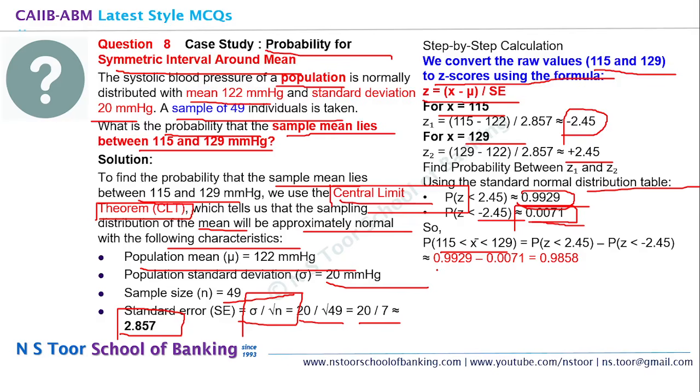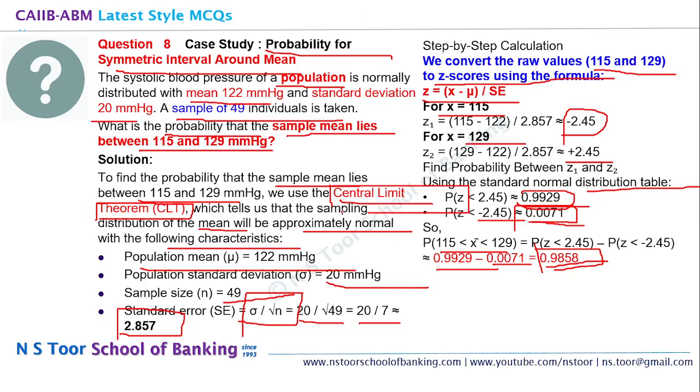So 0.9929 minus 0.0071 is equal to 0.9858. So 0.9858 is our answer: the probability that the sample mean lies between 115 and 129 is 0.9858. In this way we have solved this question.